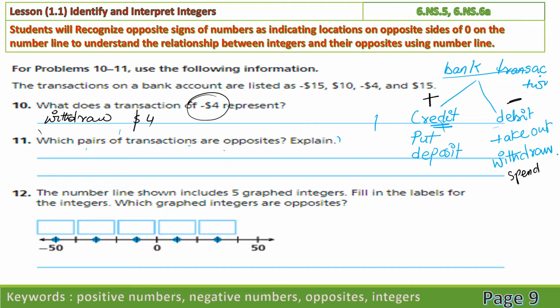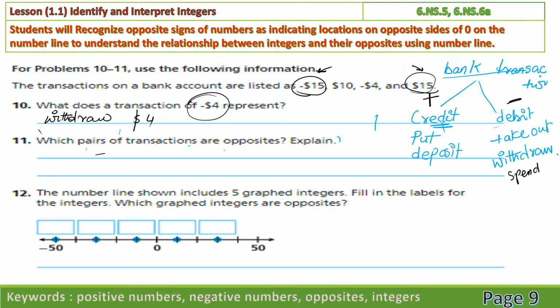Which pair of transactions are opposites? Now look at this. Here 15 and -15. It means that you credited 15 and you withdrew 15. So this is the credit, +15, and -15 means withdraw.